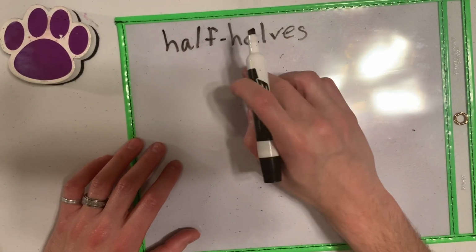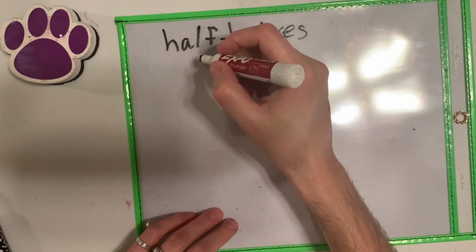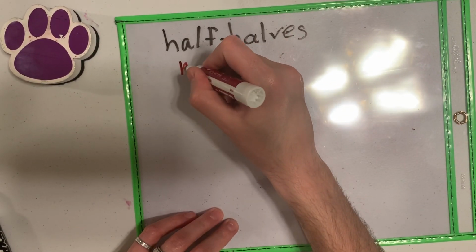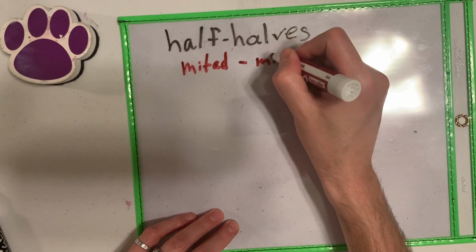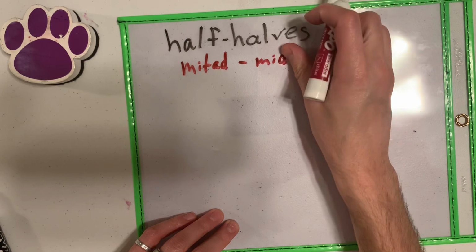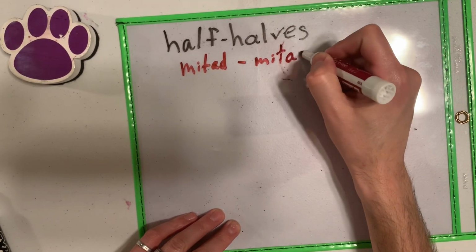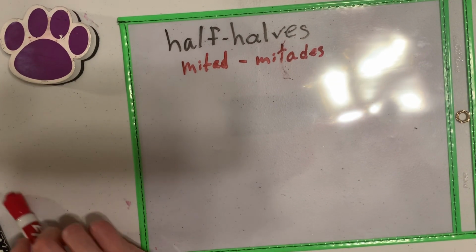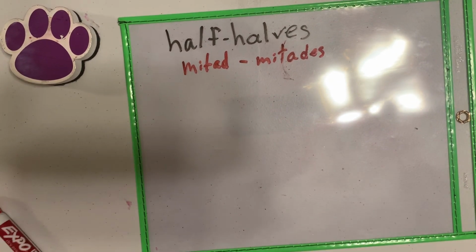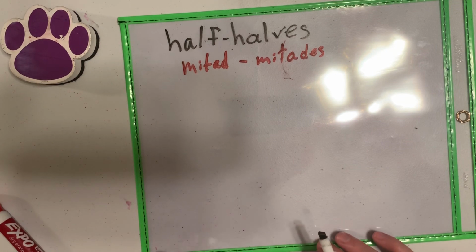Así que cuando tenemos half, en español decimos la mitad. Half means mitad o mitades, que serían plural. Ay, disculpa aquí mi escritura. We need to remember the fraction that we used for this one. I'm going to give you a few seconds to see if you remember the fraction.